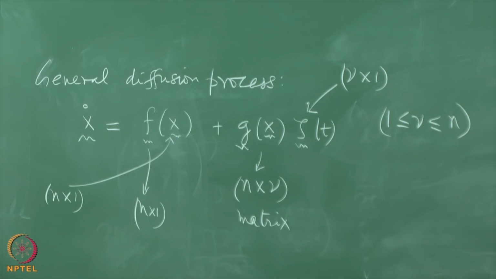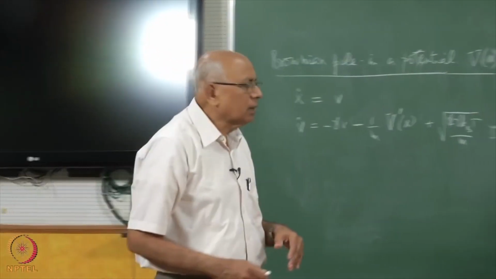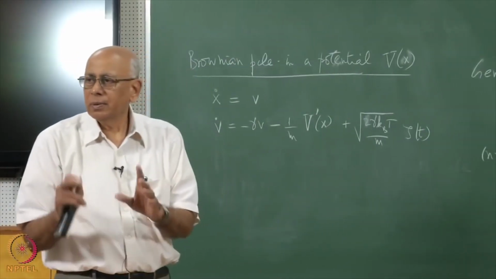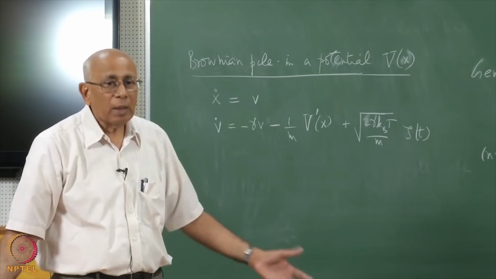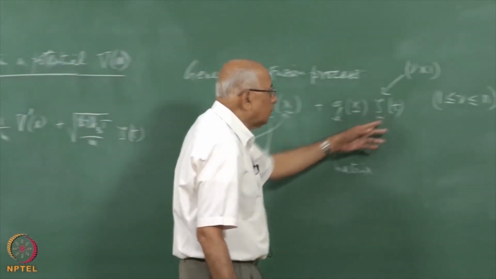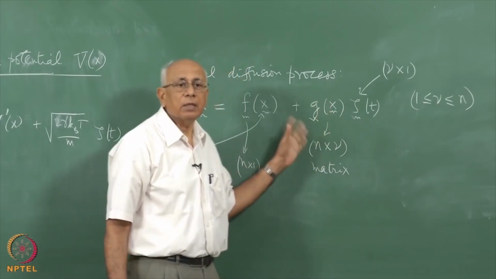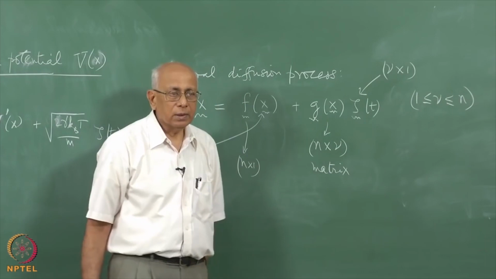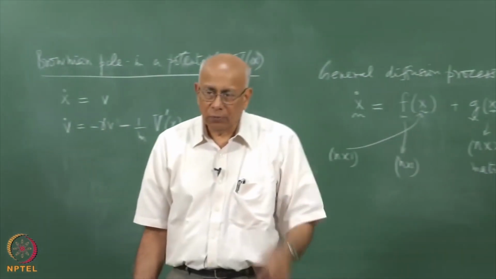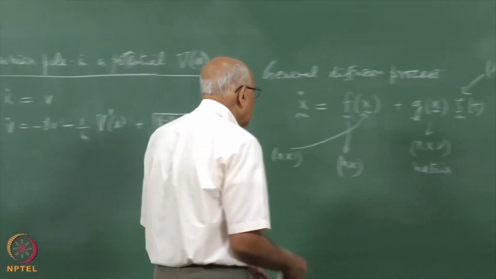There is an n dimensional set of dynamical variables, and then there is a nu dimensional noise on the other side, and the noise is multiplicative in general, and the value of the noise for each coefficient could depend on all the dynamical variables. You can see this is very general. The question is, what is the Fokker-Planck equation corresponding to this, and I am just going to write it down.